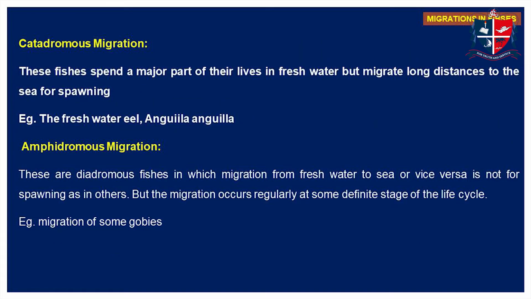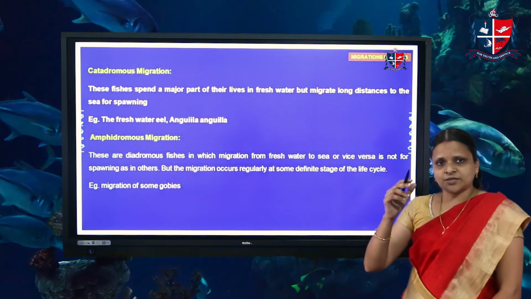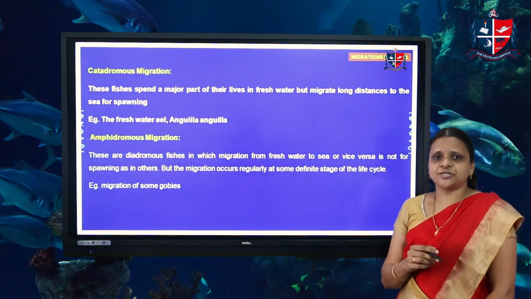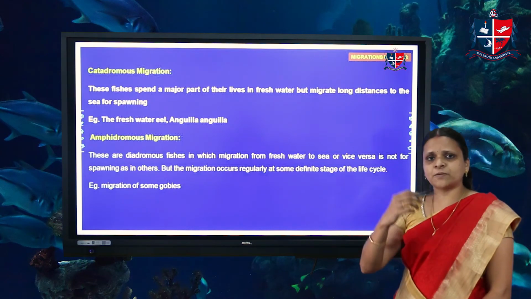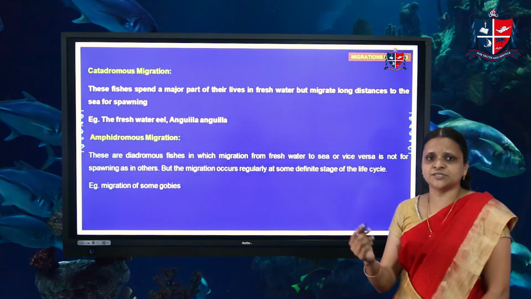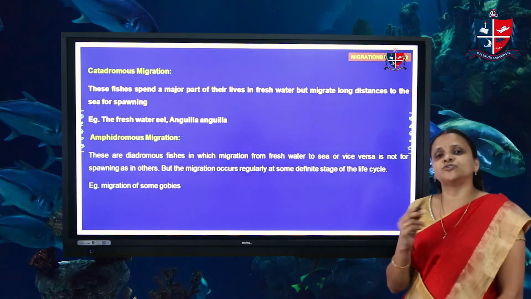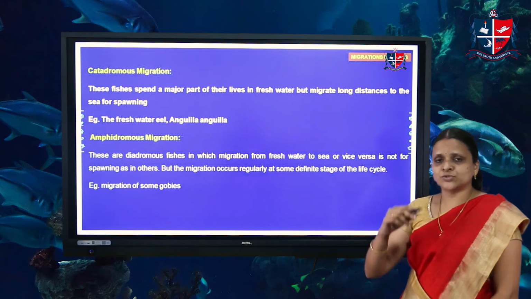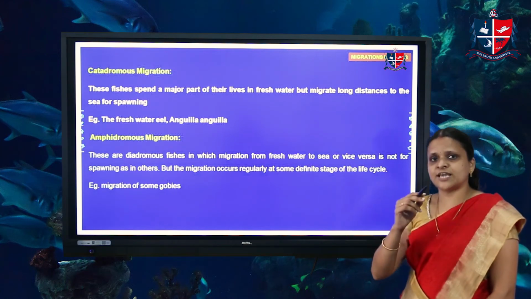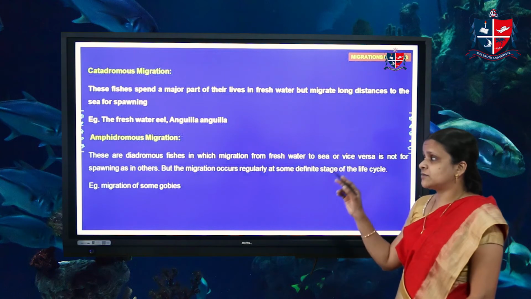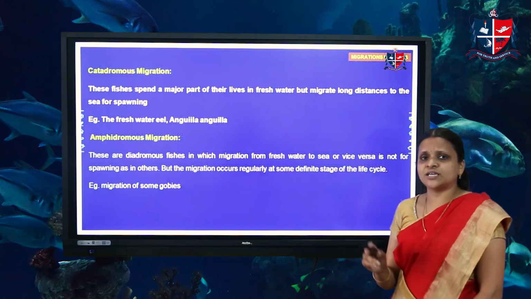Then coming to the catadromous fish migration. In this kind, the fishes spend a major part of their life in freshwater habitats, and after that they migrate into the seawater for the purpose of breeding or spawning. Such fishes are called catadromous fishes. The freshwater eel, Anguilla anguilla, is the best example.